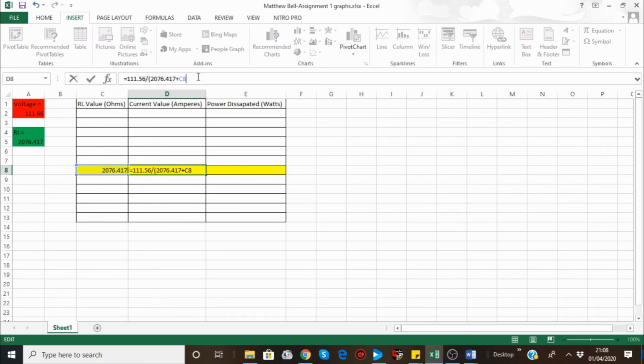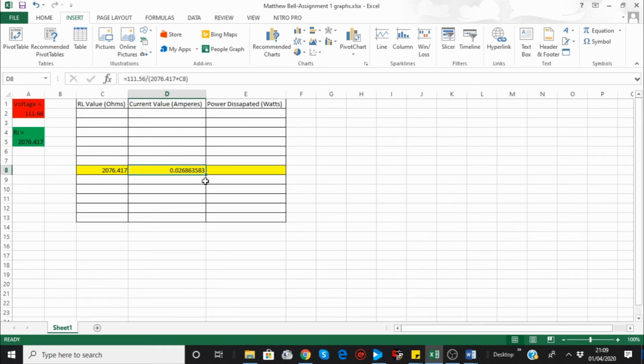In your case it might be different. It doesn't matter which column and which row you start typing in, as long as you get the correct results. Then close the bracket, and before moving your mouse anywhere else and clicking on anything else, you just press enter. Now you've formulated that one.